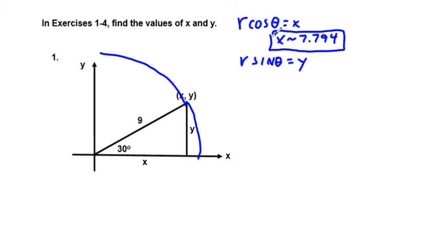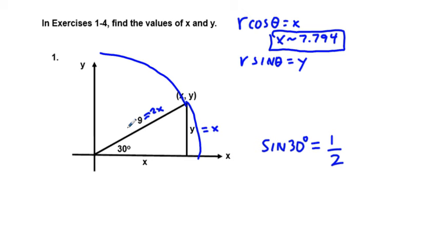Now our y value, r sine theta equals y. Well, the sine of 30 degrees equals 1/2. And that has to do with the 30, 60, 90 right triangle. The long side is what we call 2x, and the short side, which is opposite the 30 degree angle, is x.